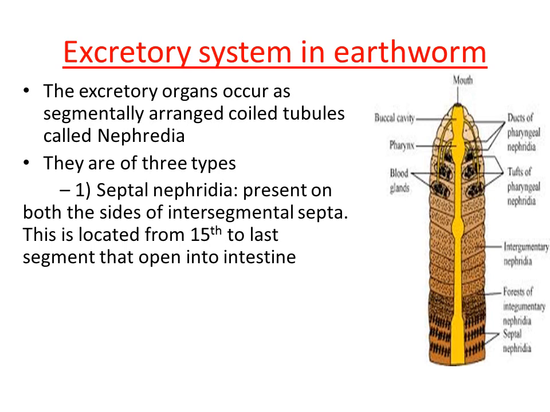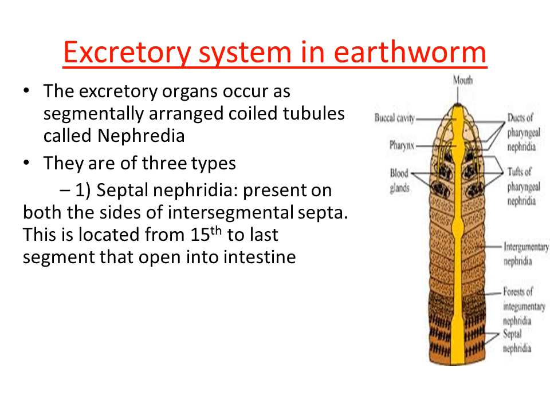Inter is nothing but what? In between, right? So on either side of the septa we can see the nephridia. This kind of nephridia is located from the 15th segment till the last segment of the earthworm, right? So this you have to remember, children.